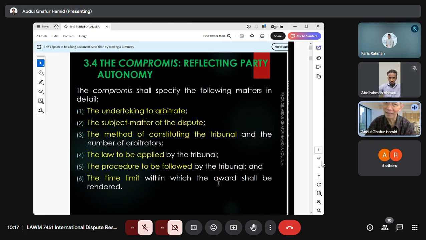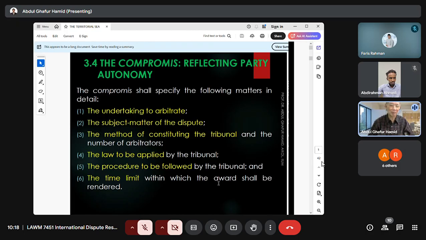Meaning, what are the legal issues arising from this dispute. Number three, the method of constituting the tribunal and the number of arbitrators. How to constitute the tribunal and how many arbitrators should be there? One arbitrator or three arbitrators or five arbitrators or a mixed arbitral tribunal. Anything they like, they can put in the compromis.